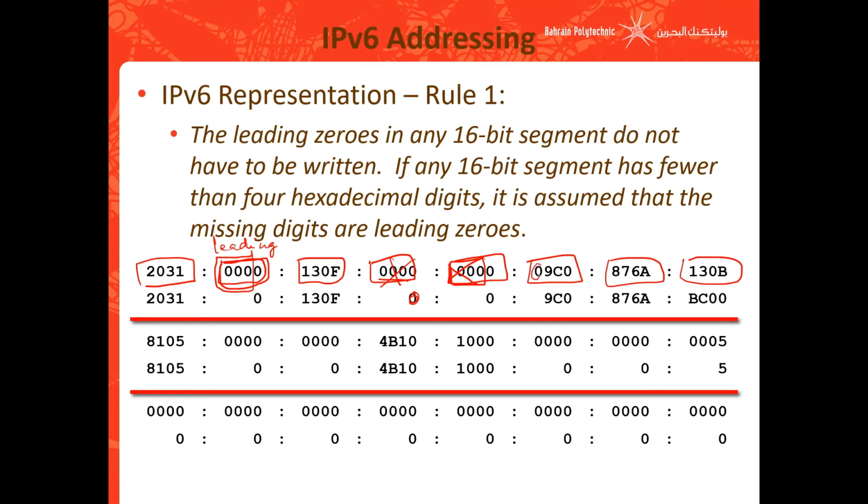Here also there's a leading 0. You can remove that as well. This I think is wrong; here it should be 130. But anyway, you can remove the leading zeros, however many there are, 1, 2, 3, and instead just write the remaining numbers.